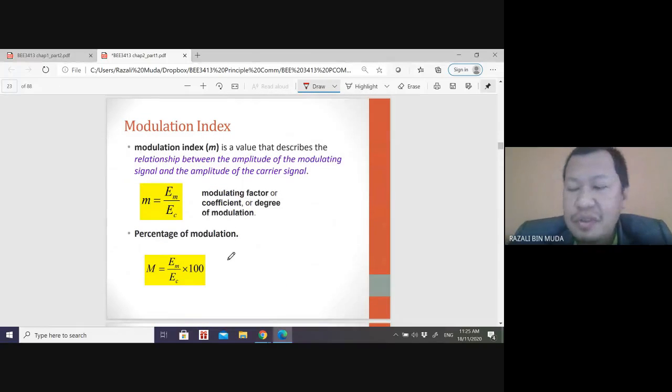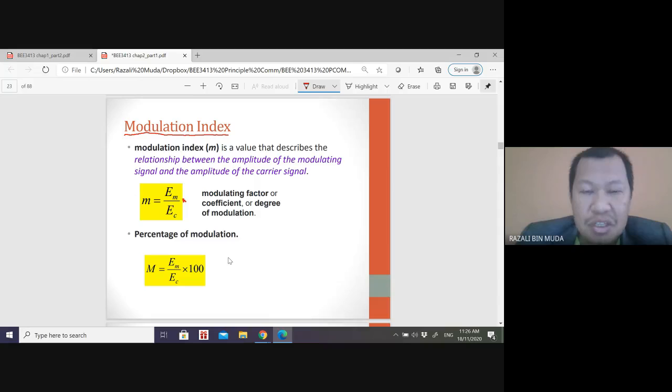Okay, so why did we discuss the amplitude of the modulating signal and the carrier just now? Because the amplitude of both signals is related to the modulation index. So this is another parameter to describe the AM signal.